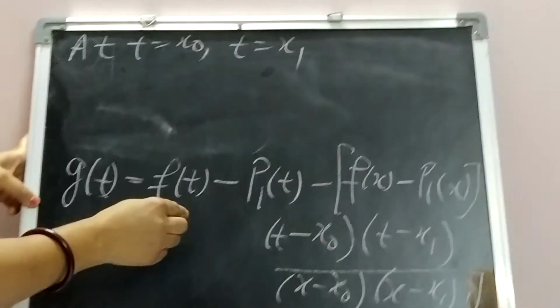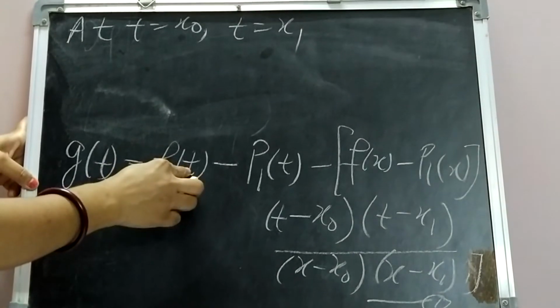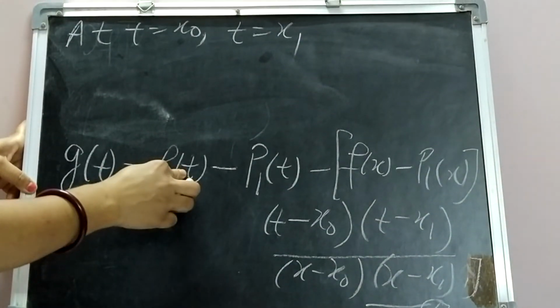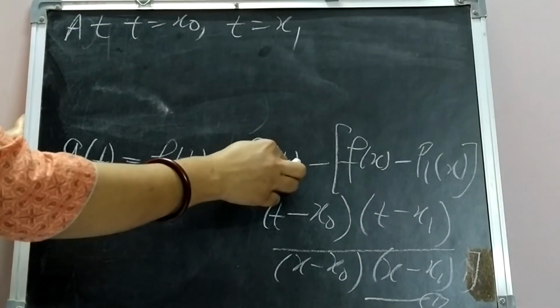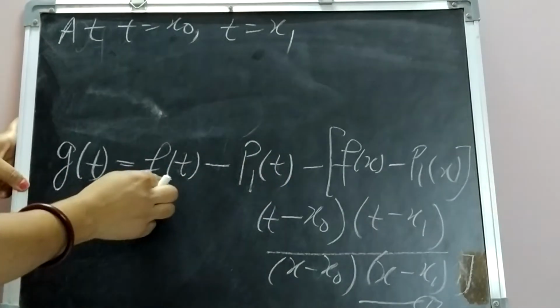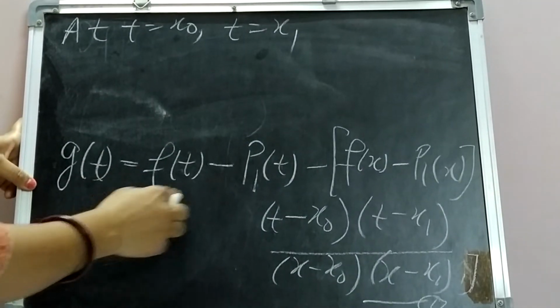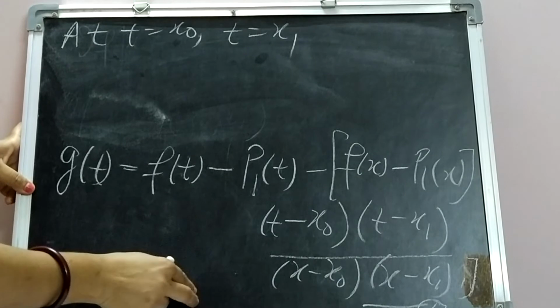Also at t equal to x0, we have f(x0) and p1(x0), both equal, so they cancel out. Likewise for the other, so we will get 0.